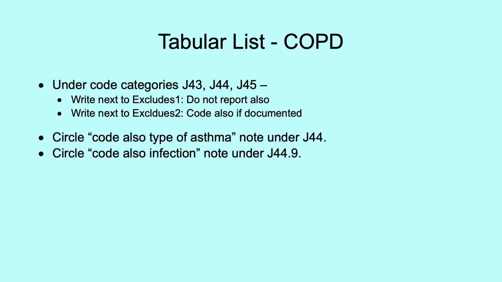So look at the J44, there's a note under that for code also type of asthma, circle that. Under J44.9, circle also code also infection. So just write those notes that are easy to miss that will be helpful to you in finding a code quickly.